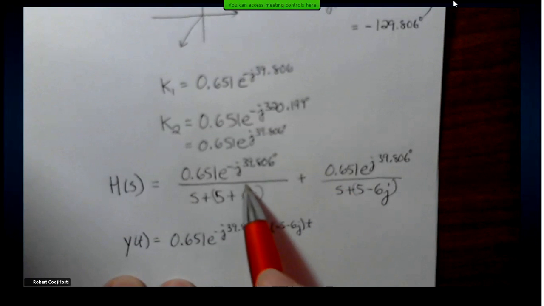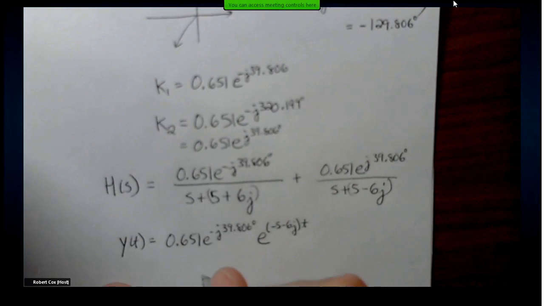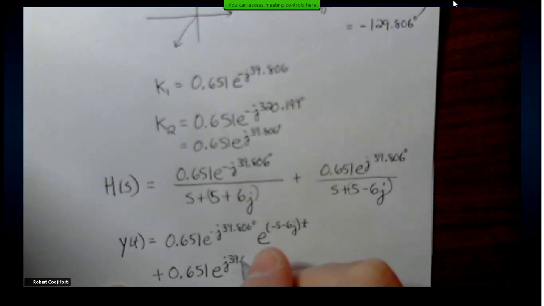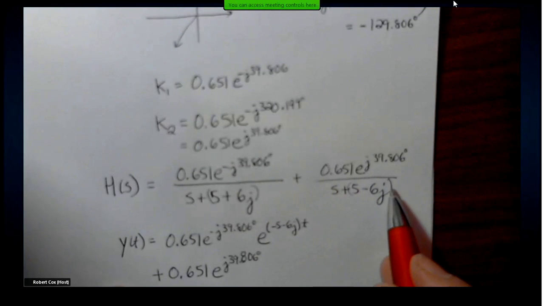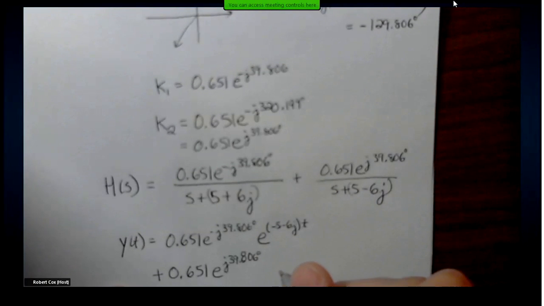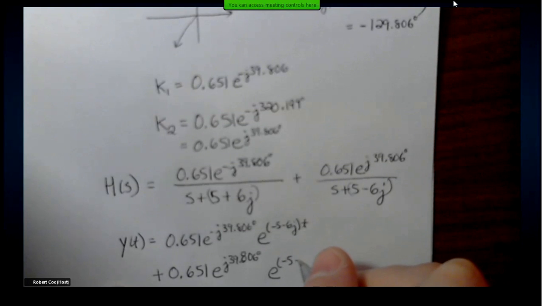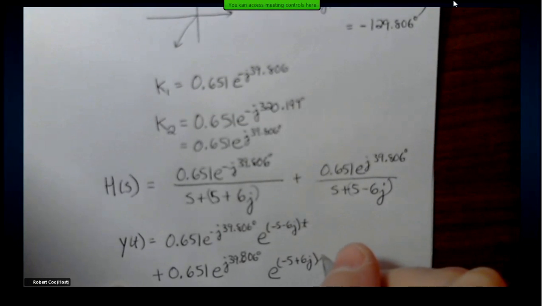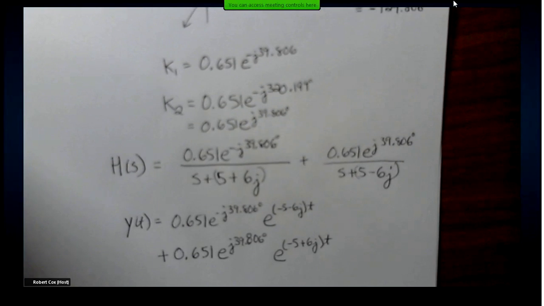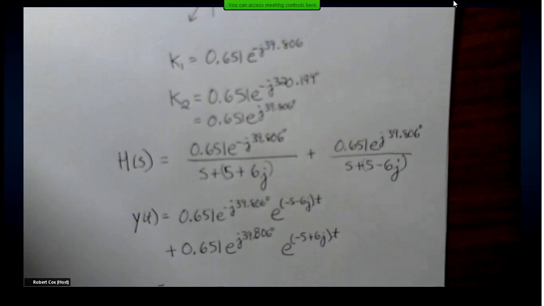Okay, that's the inverse Laplace transform of this, plus 0.651 e to the j 39.806, times the inverse Laplace transform of 1 over s plus 5 minus 6j, which becomes e to the minus 5 plus 6j t.